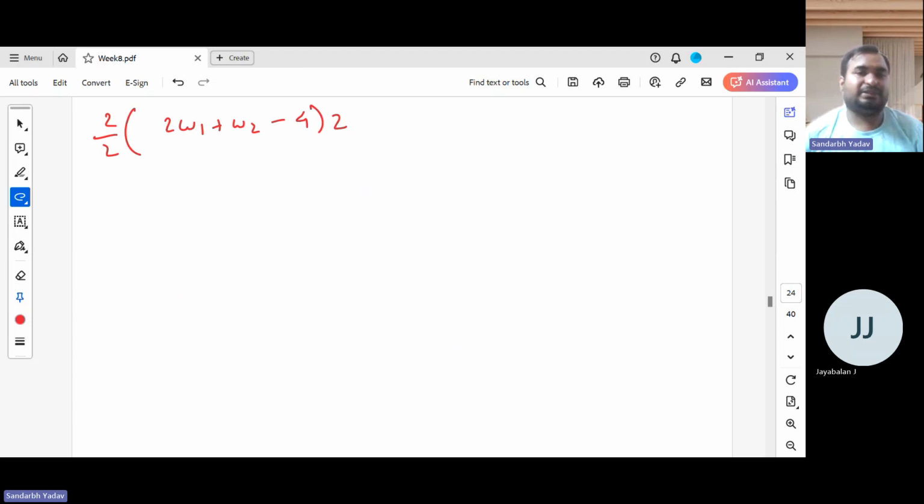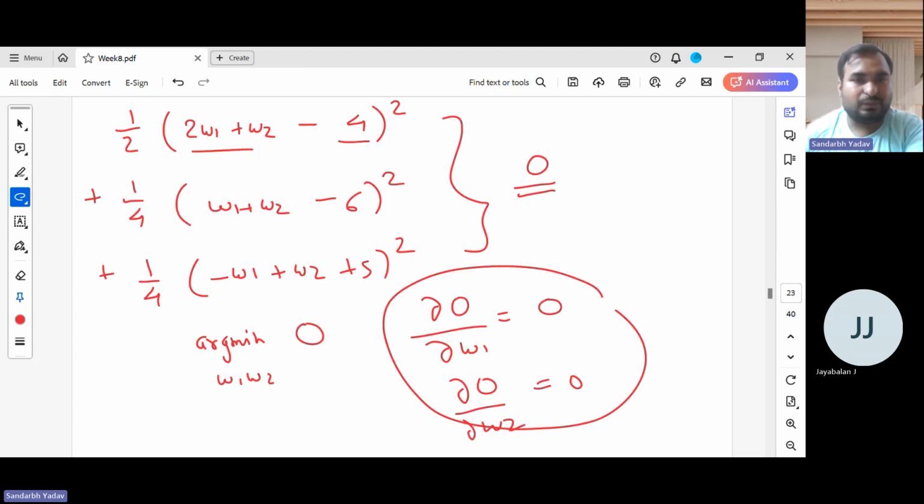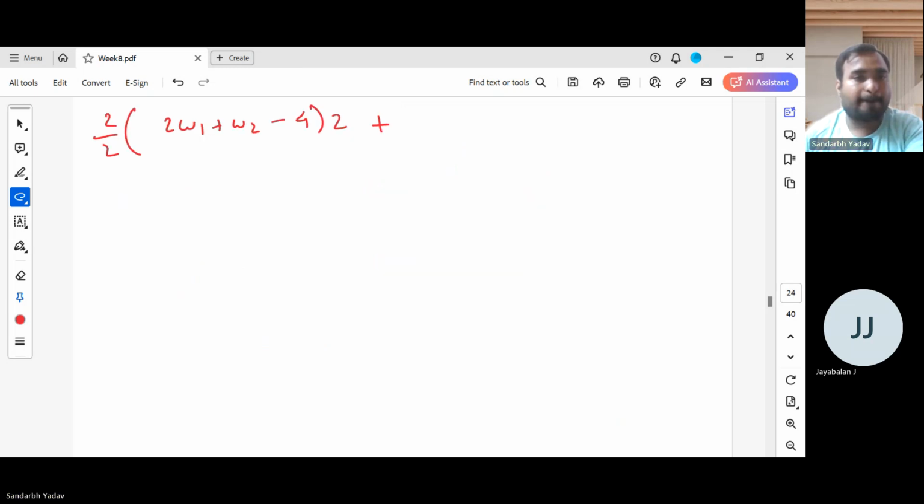So this is for the first term. Now for the second term, again this 2 will come here after differentiating, and with the chain rule there will be no impact because the coefficient is 1. So it will be 2 by 4 times this term: plus 2 by 4 times (W1 plus W2 minus 6).